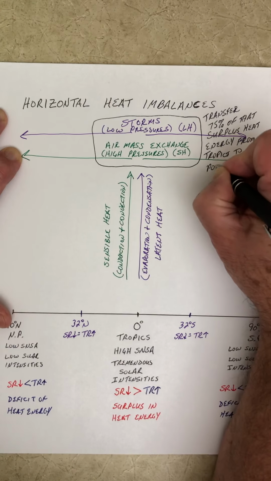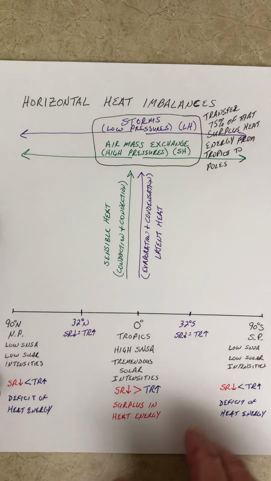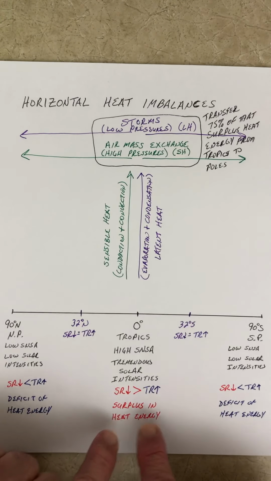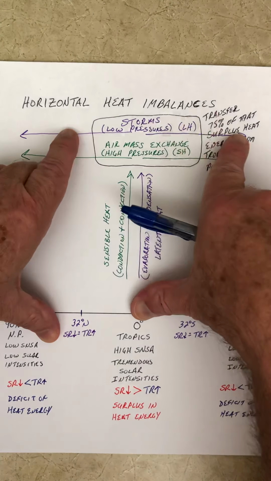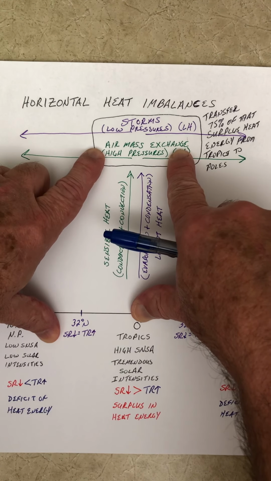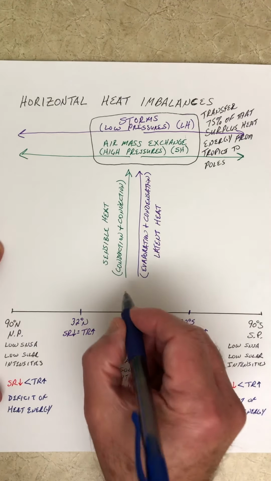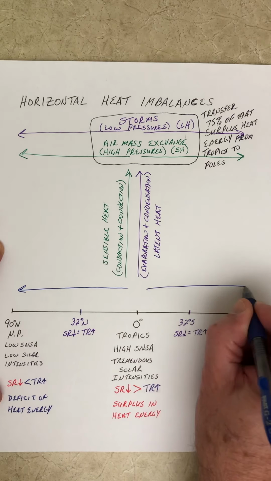Okay, so we're almost done now. There's one more thing we need to take into account, and we mentioned this before. That's 75% of the surplus moved from the tropics to the poles by latent heat, storms, and by sensible heat, air mass exchange. What about the other 25%? Well, if you remember earlier in chapter 4, we talked about ocean current circulation.